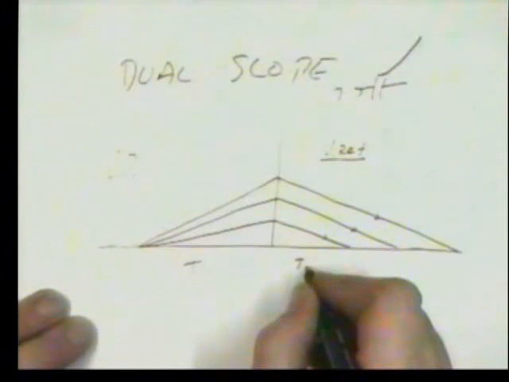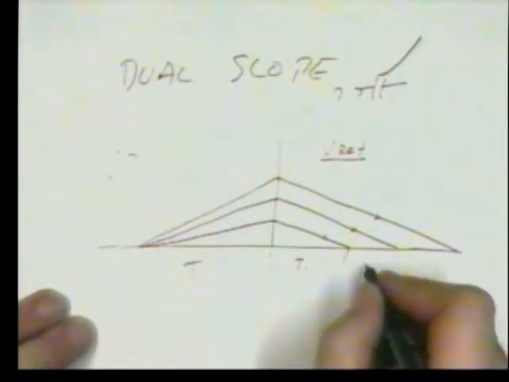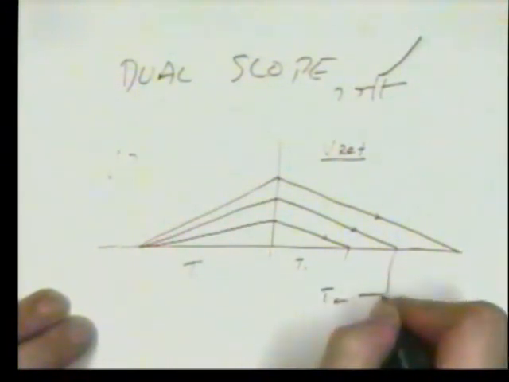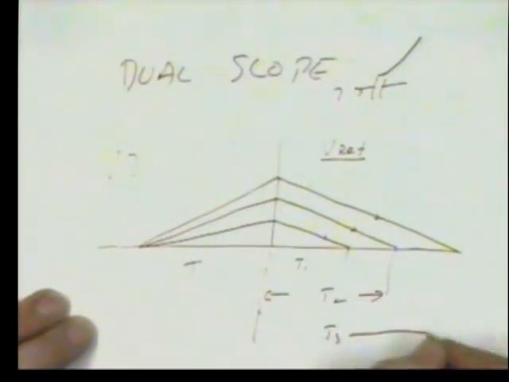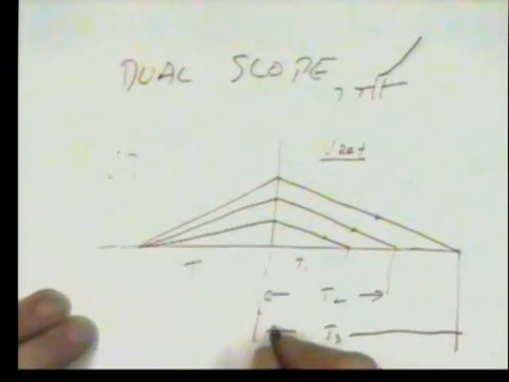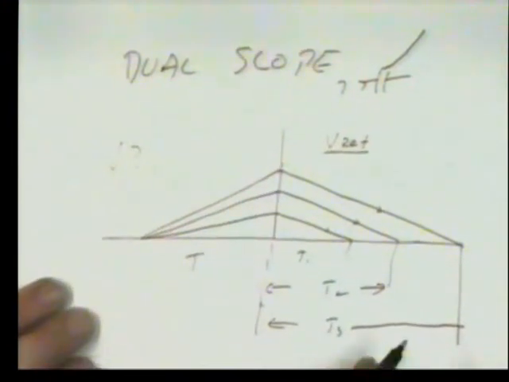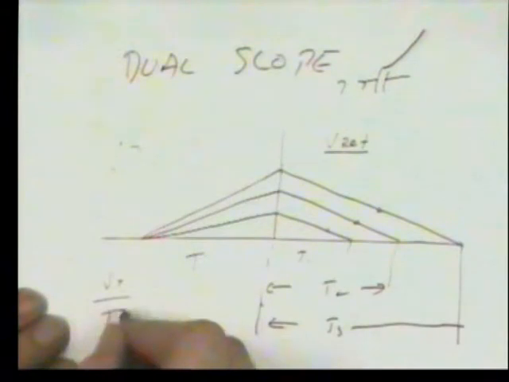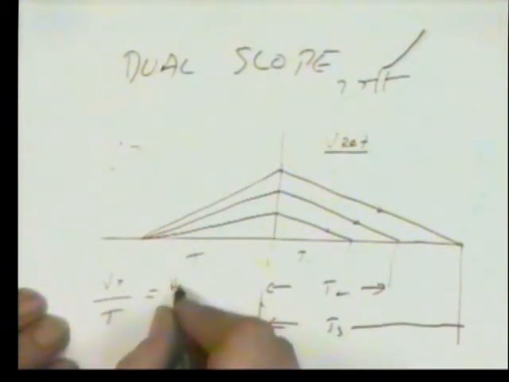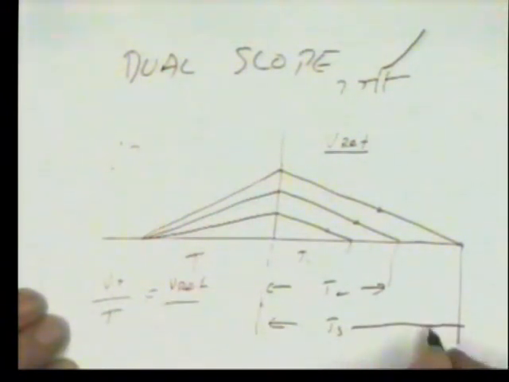And so now we will get different discharge times depending upon how greatly it was charged up in the first place. And there is a direct relationship between the two. V unknown divided by T must equal V ref divided by our unknown time here.